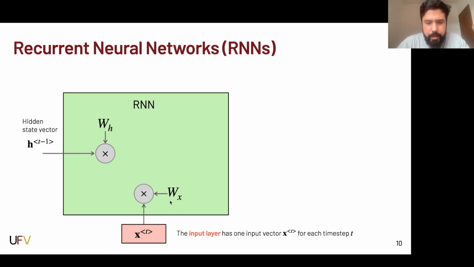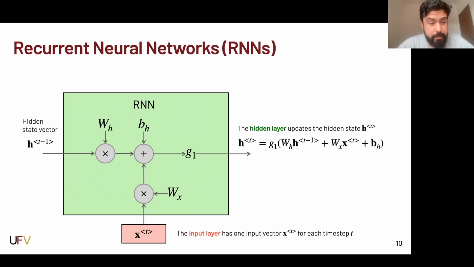Then you do the same thing with another weight matrix Wx: you multiply it by the input xt, and then you sum both of them, and then sum also the bias term. You apply the nonlinearity to that result, and then you produce the next hidden state, ht.